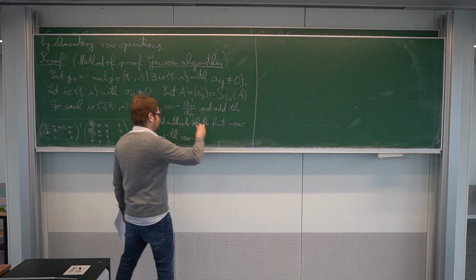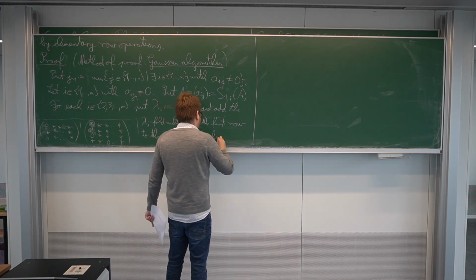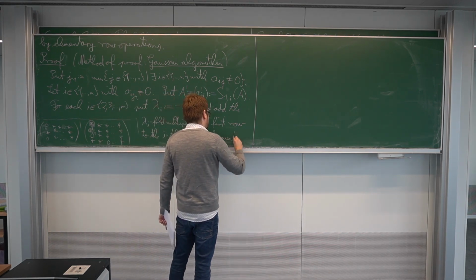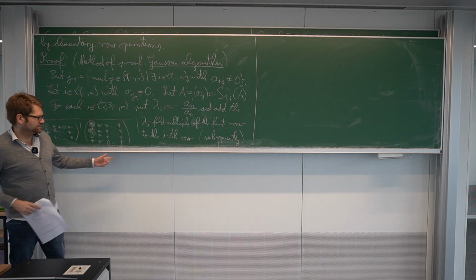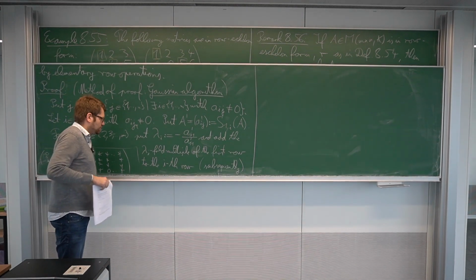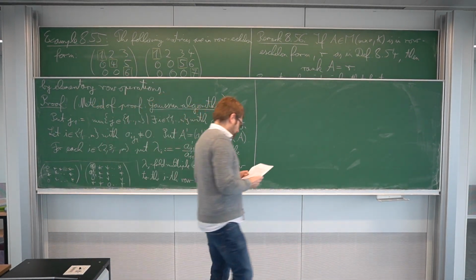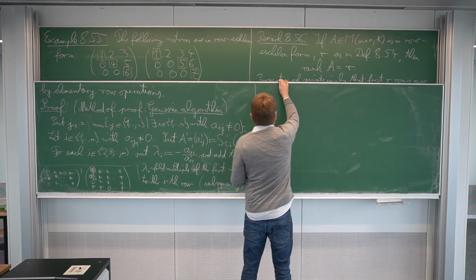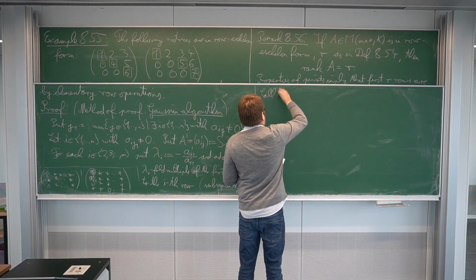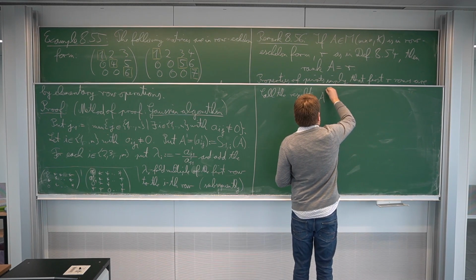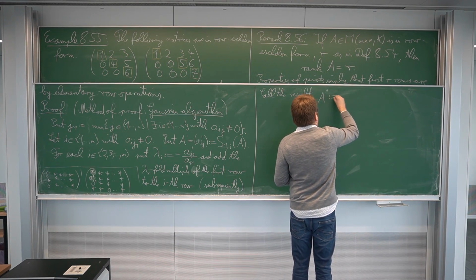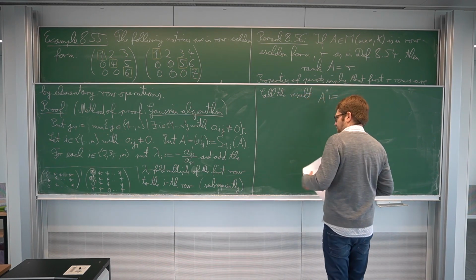We do this one after the other, because if we do this to one row and then the next row, this doesn't change anything, so we can do this in arbitrary order. Then, if we do this, we call the result A double prime.